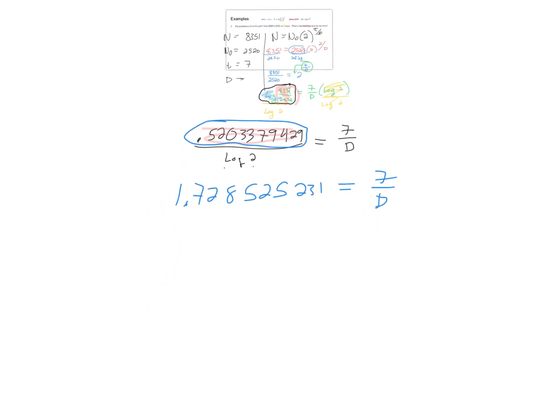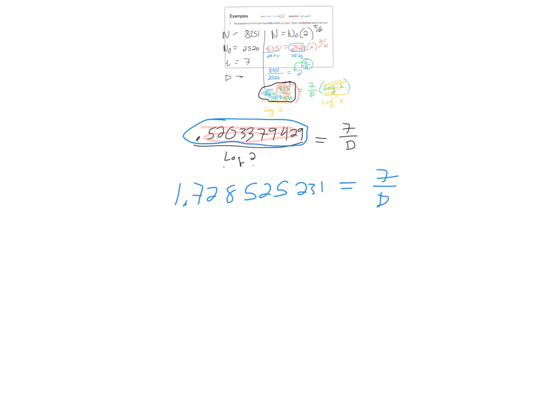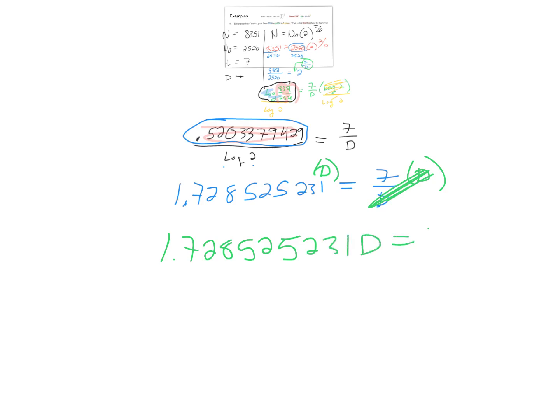So how I usually teach my students is this. It's a lot easier for students to say, well, let's get the fraction out by timesing everything by D. So you get 1.728525231D is equal to 7.